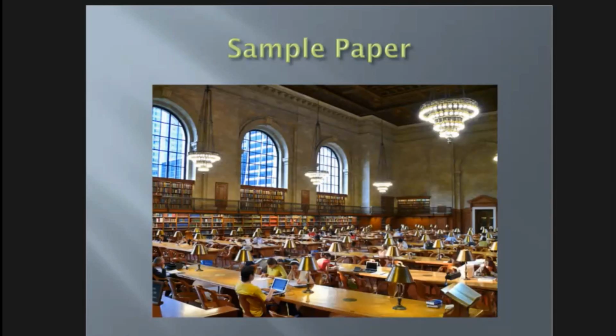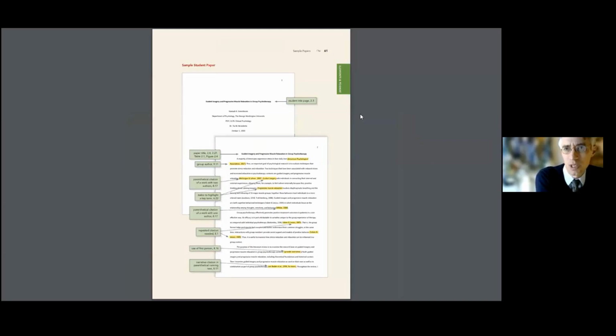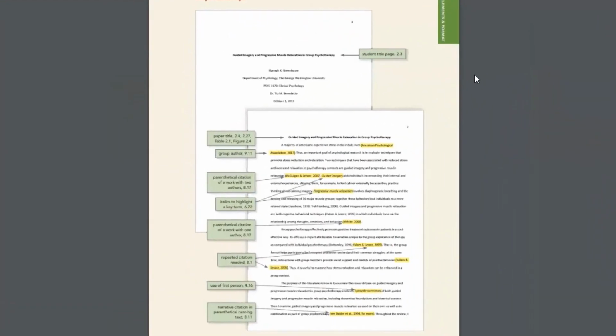I'm going to go ahead and have us take a look at a sample paper, and this is actually from the APA style website. One of the resources that I tend to use, there are two really good resources for documentation, or for APA in particular. The American Psychological Association does have an APA style website, and that's literally what it's called.